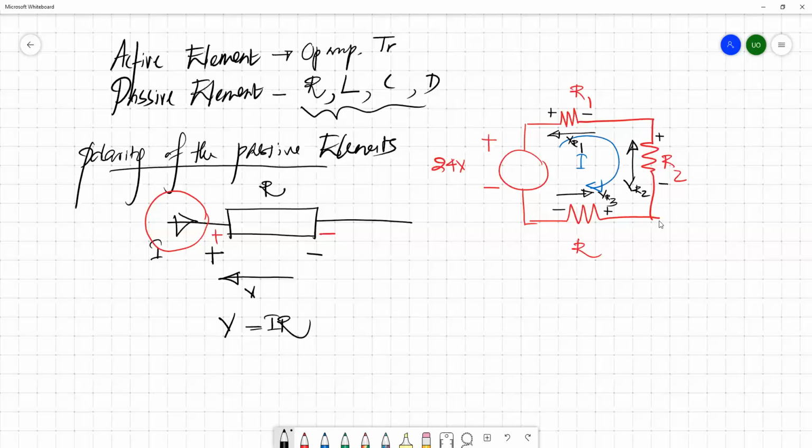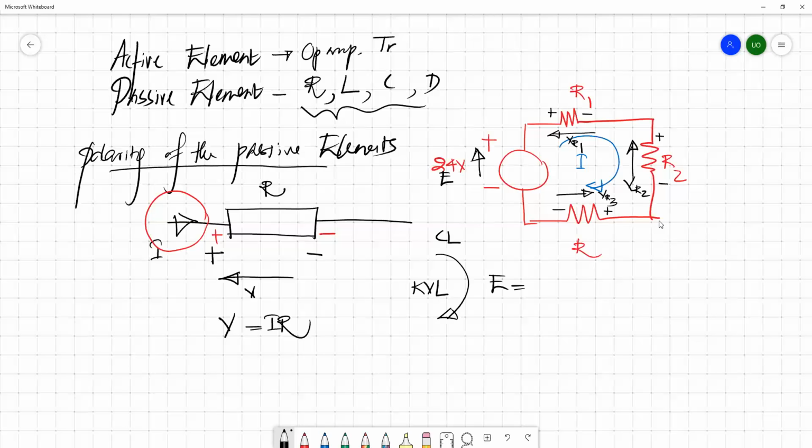If you want to apply Kirchhoff voltage law, I have to clearly mark the direction. I'm referring to the clockwise direction. Then I can put the algebraic sum of voltages. Here you have a drop like this. This is your source voltage, and let's assume this is E. So E is in the clockwise direction, and the rest of the voltage drops across these resistors are in the anti-clockwise direction.